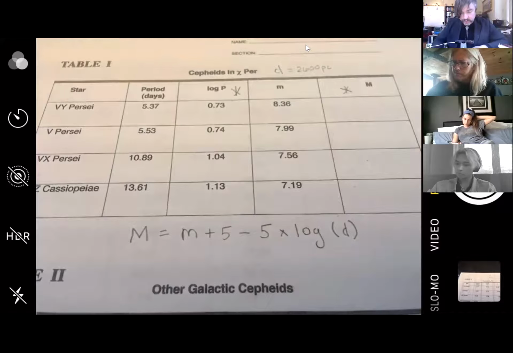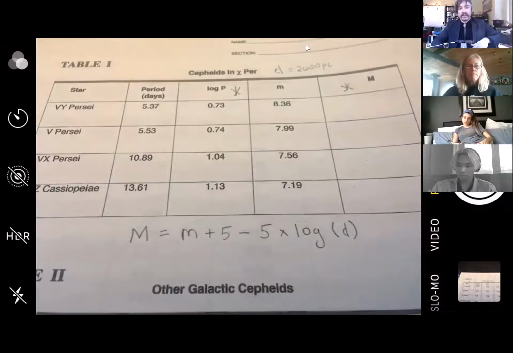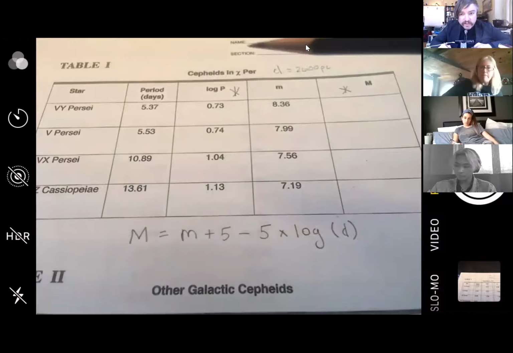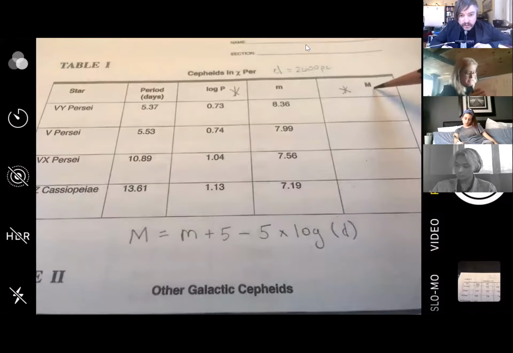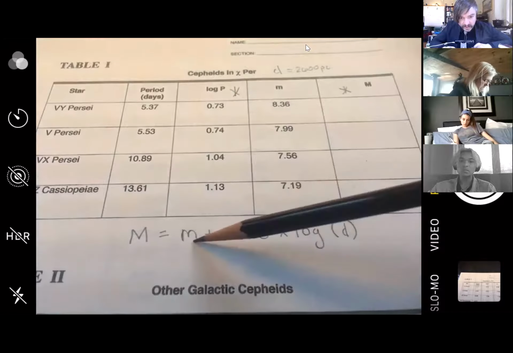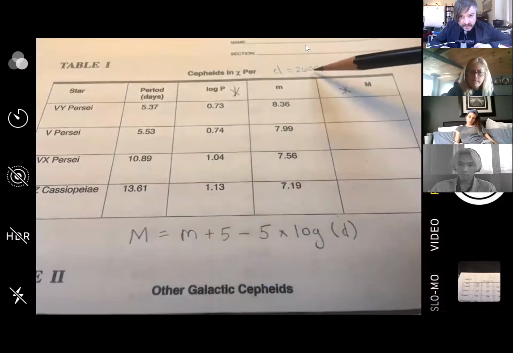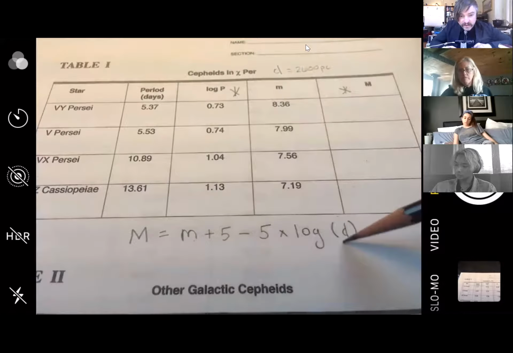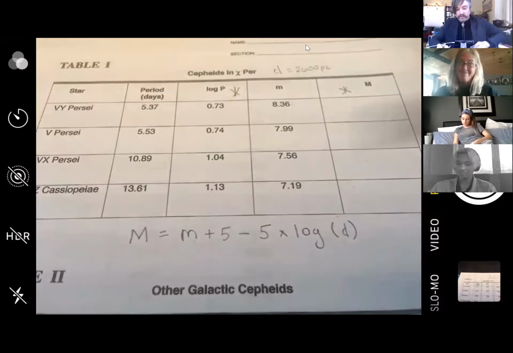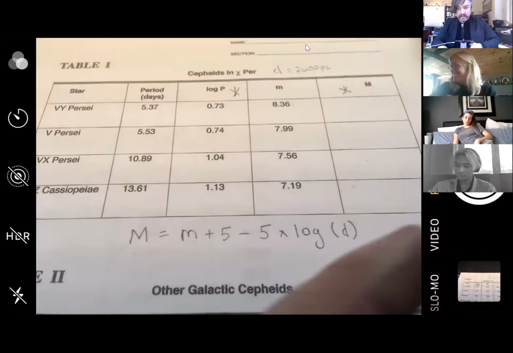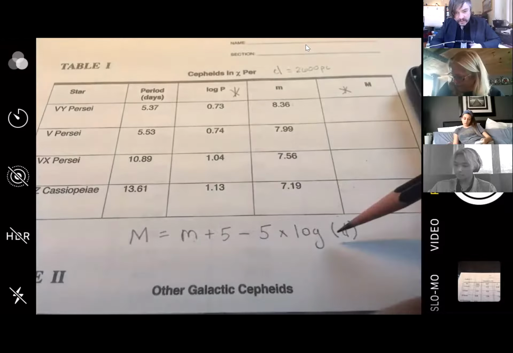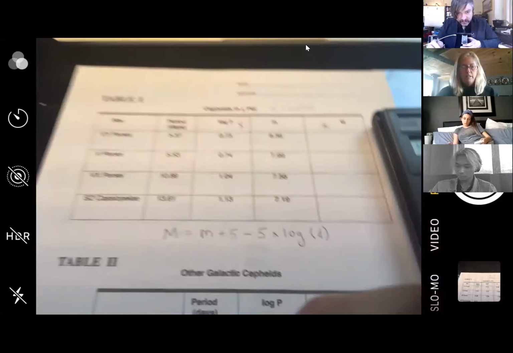All right. Do you guys have calculators handy? You got to do some math today. Let's try to calculate the first absolute magnitude using the first apparent magnitude and the distance. I'm guessing you probably cannot execute this without screwing it up, so do we want to do one together using order of operations? Remember that exponents, which log is, so to speak, are more powerful than multiplication or addition.